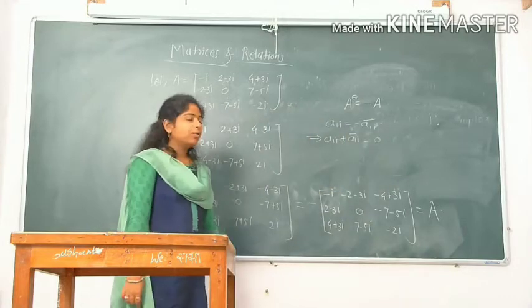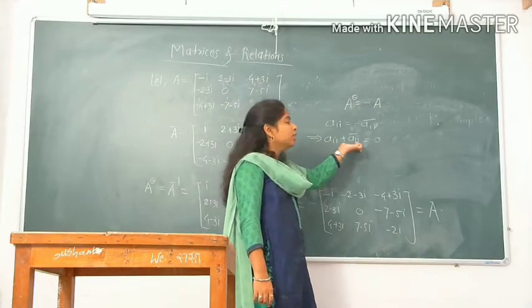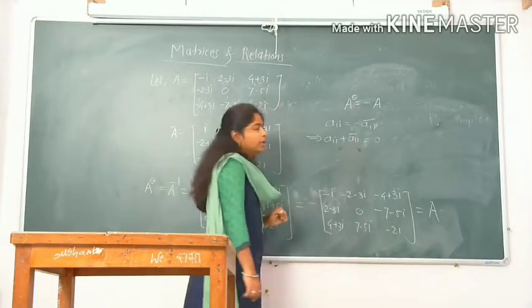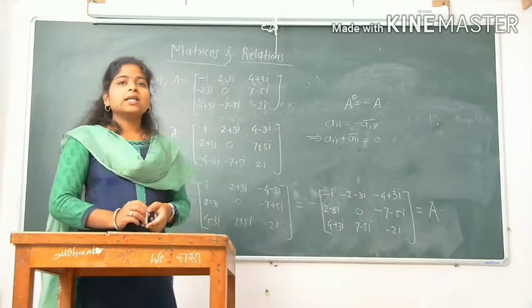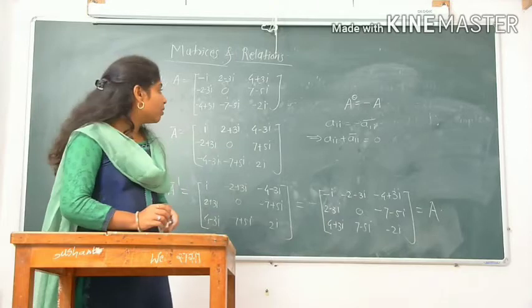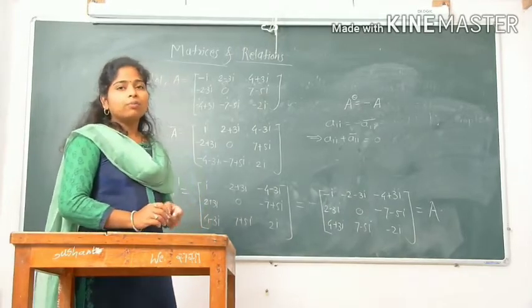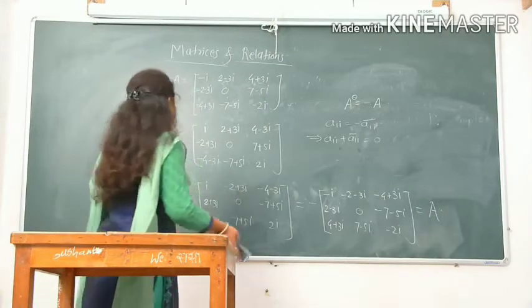This will happen only if these a_ii are either 0 or purely imaginary numbers. So, if A is a skew Hermitian matrix, then every diagonal element of the matrix is either 0 or a purely imaginary number. Let us see one theorem.